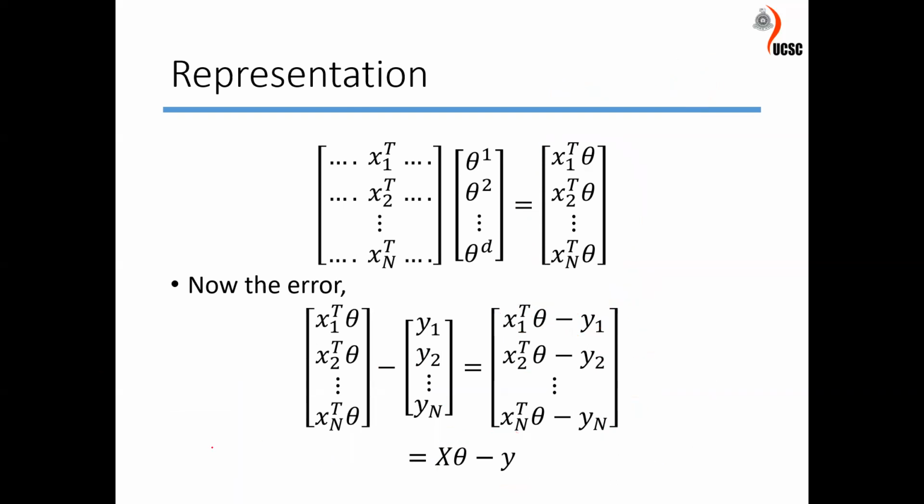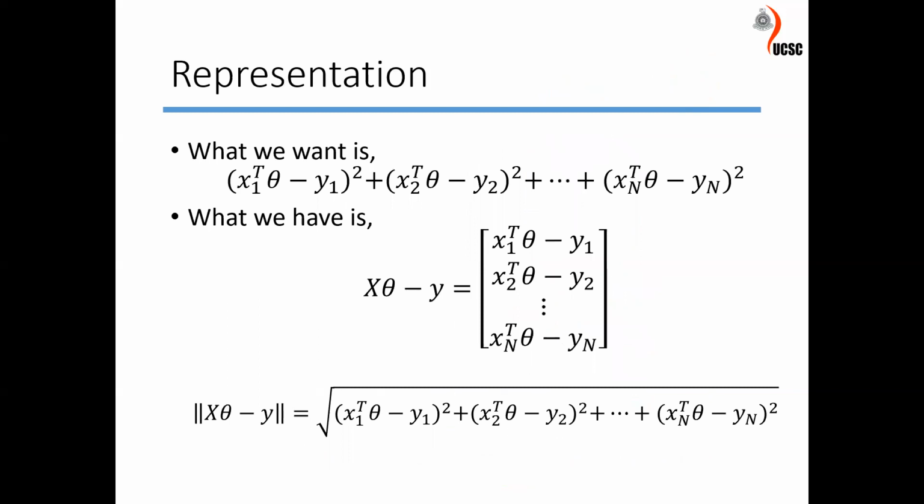Now we finally want something like this, right? So we started from h(x_i) minus y_i, then we replaced it with x transpose theta, right?